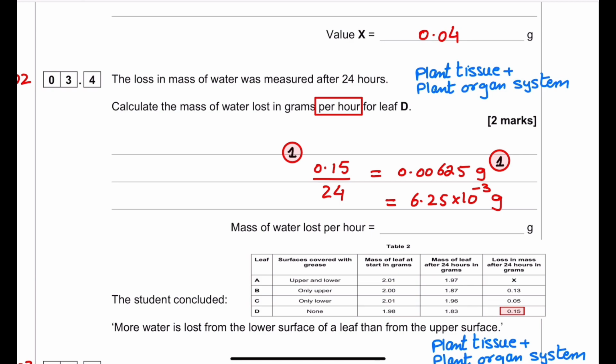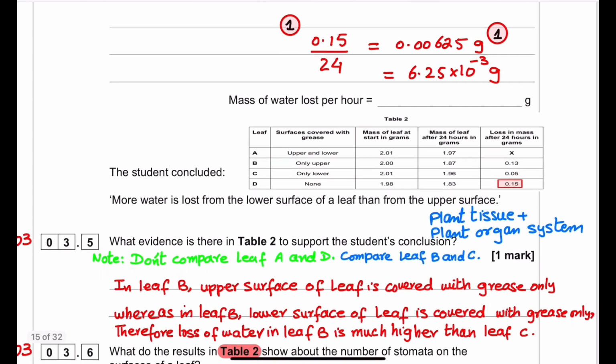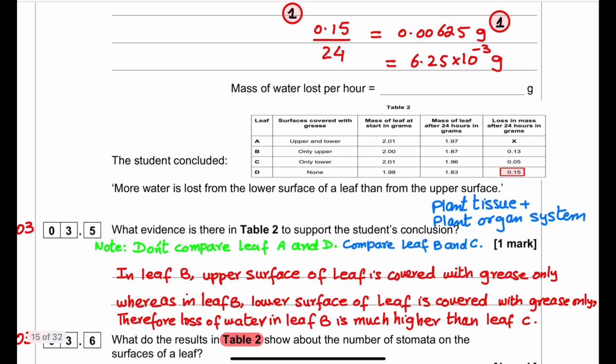Let's see the model answer. Don't compare leaf number A and D. Compare only leaf number B and C. In leaf number B, the upper surface of the leaf is covered with grease only, whereas in leaf number C, the lower surface of the leaf is covered with grease only.